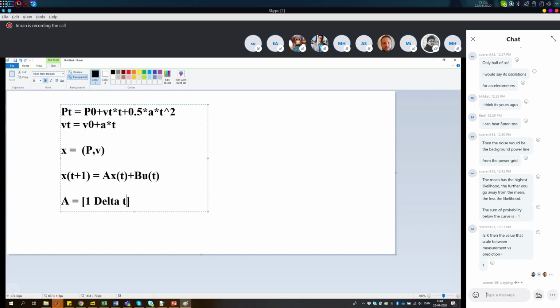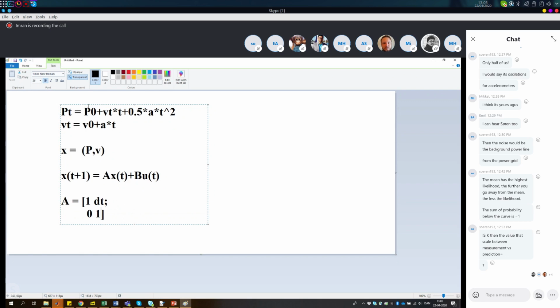So the delta t, or dt, is the time step, and then for the second row, it will be 0 and 1. Can you see how I get this matrix? Anyone?